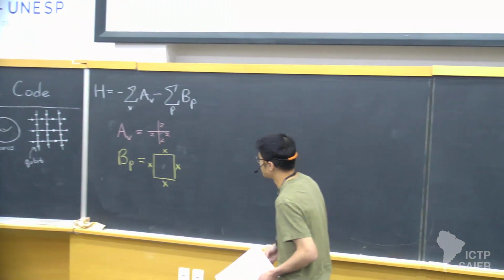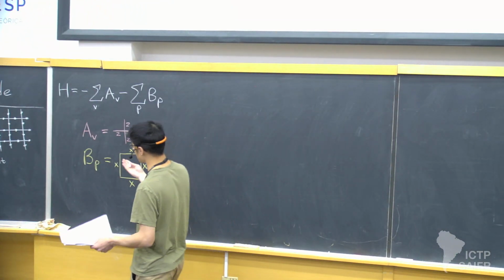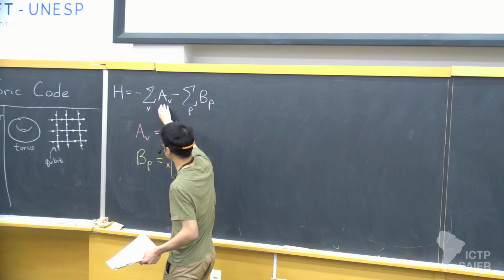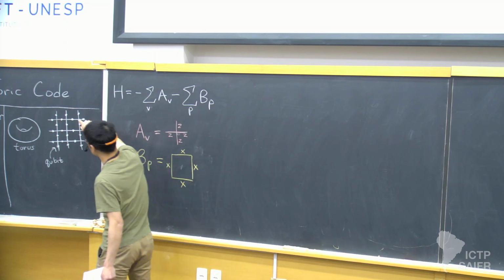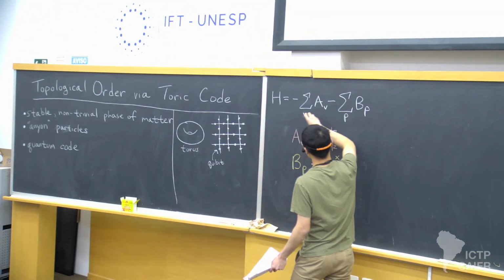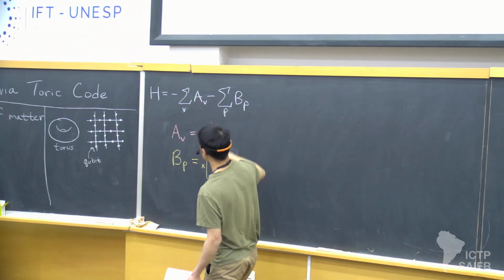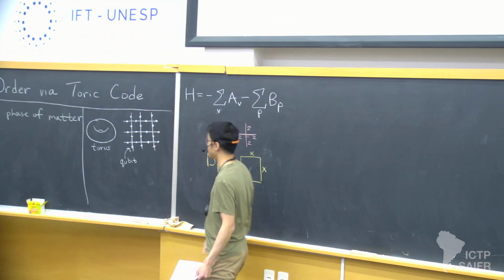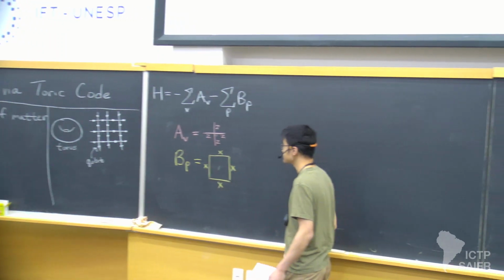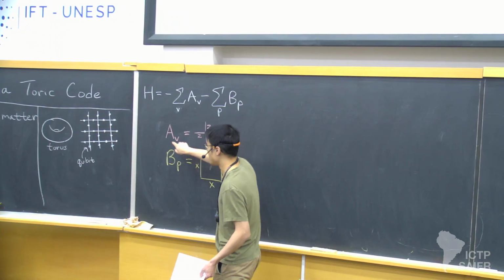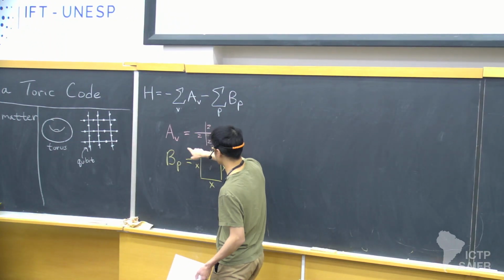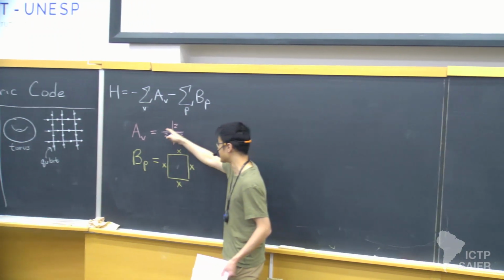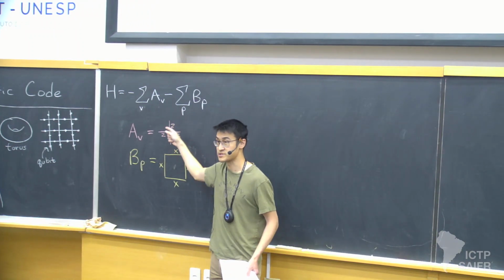And the Hamiltonian for the toric code consists of 2 pieces: a sum over vertices of the square lattice of this A operator, and a sum over plaquettes or squares of this B operator. The A operator for a given vertex V consists of this 4-body ZZZZ interaction.